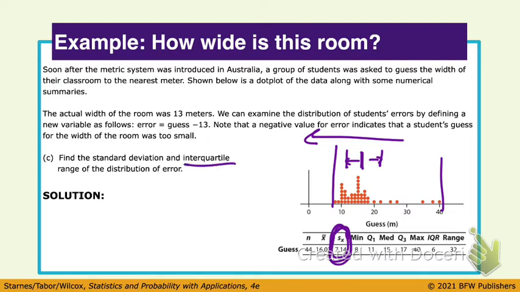The IQR, same thing. If I have an IQR of 6, that tells me the distance of my middle 50%. If everything is moving by the same amount, by 13, then I'm still going to have the same amount of spread between the data that's in the distribution. So my standard deviation is still 7.4, and my IQR is still 6.